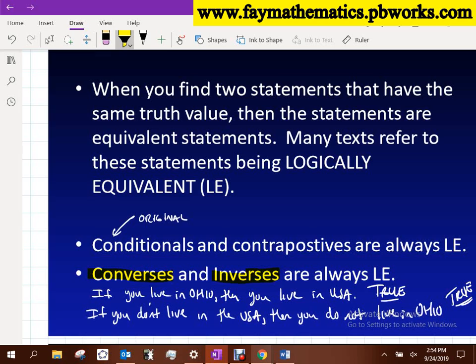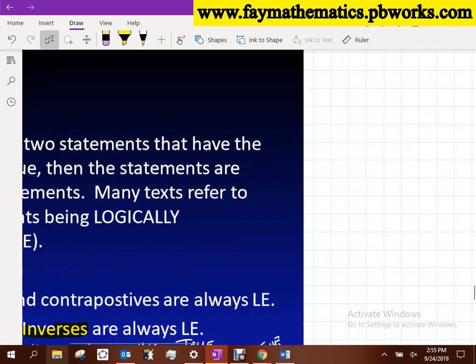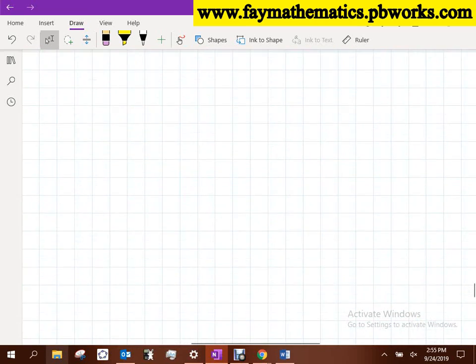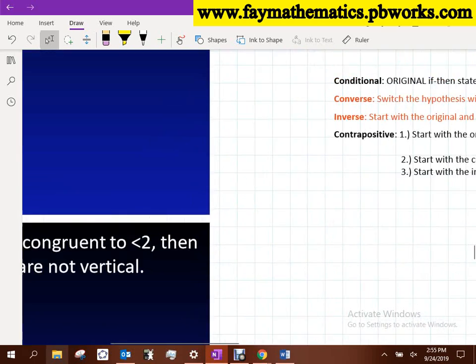So that's the idea behind, and the logic and reasoning of, being able to develop these additional if-then statements from a given one. Because your original given one might be hard to answer. So let's do another example here.